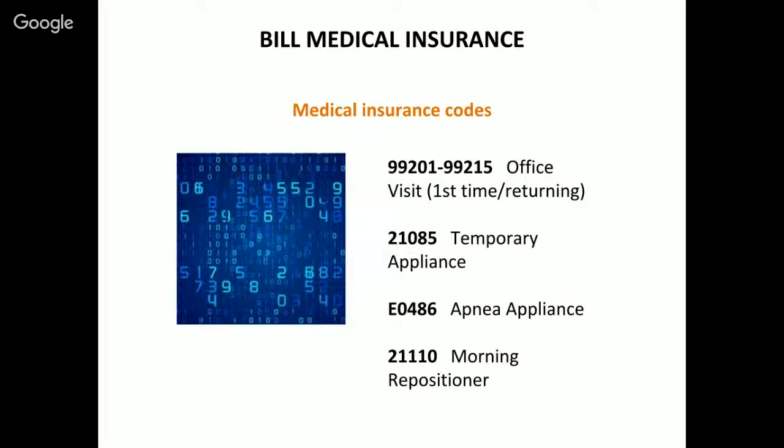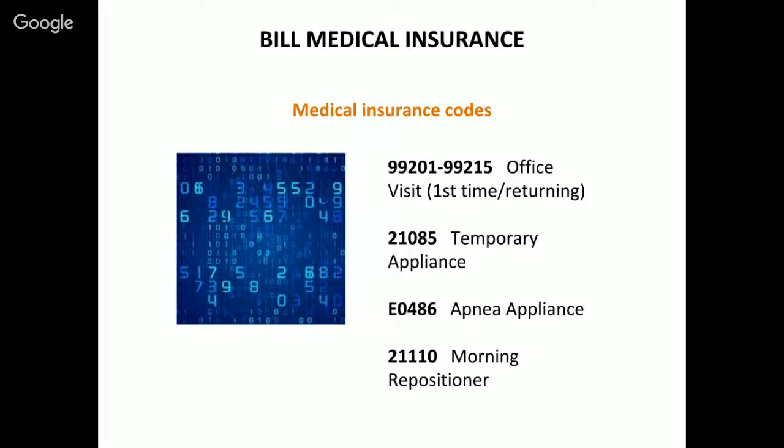Okay. If you're doing a temporary appliance while their fixed appliance gets off to the lab, so you need something to put them in, 21085 is the appliance code or the billing code you need to use. E0486 is the DME billing code that you want to use for medical insurance for the actual appliance therapy.